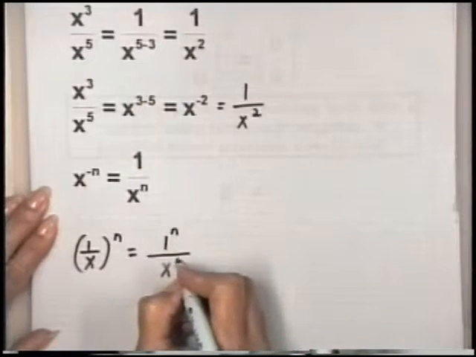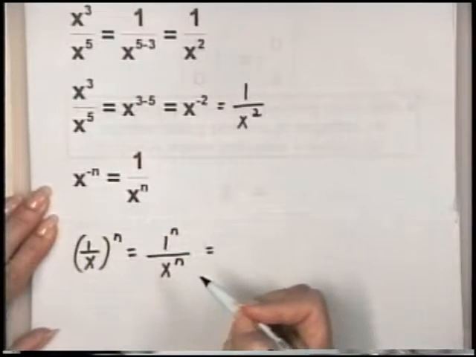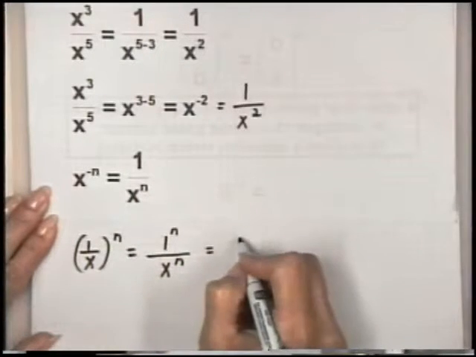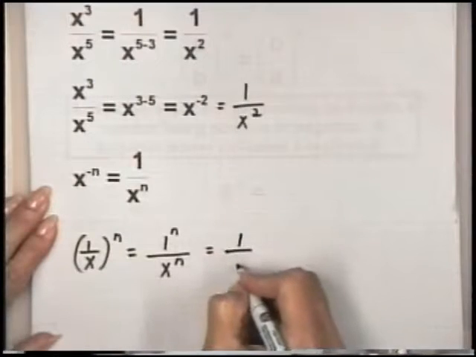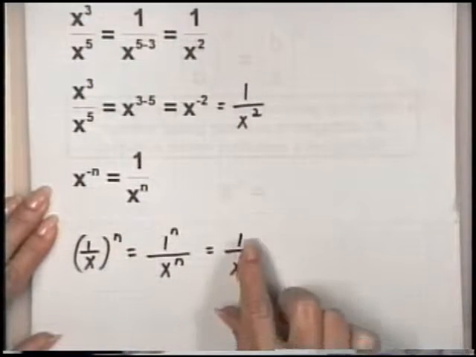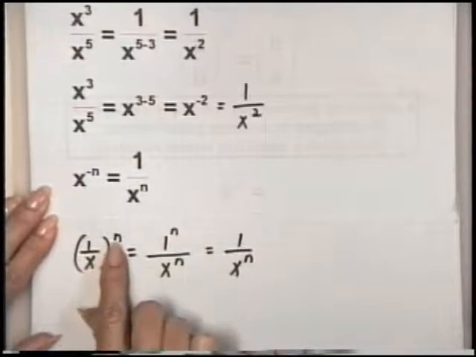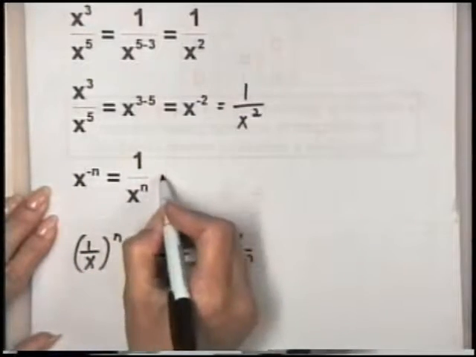Now, using our power of a quotient law, we know that that is equal to 1 raised to the nth power divided by x raised to the nth power. We know that 1 raised to any real number power is equal to 1, and we are left with x to the nth in the denominator. So 1 over x to the nth is equal to 1 over x raised to the nth.